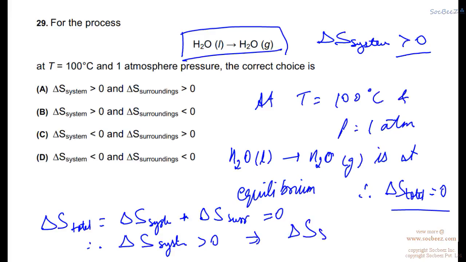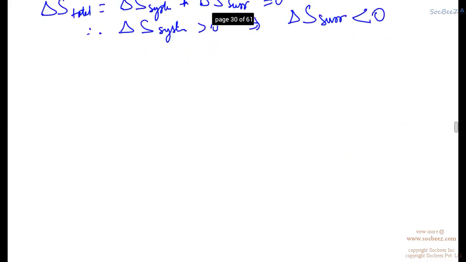This implies that delta S of surrounding is smaller than 0. Okay, so here the correct option is option B. Okay, so now the next question.